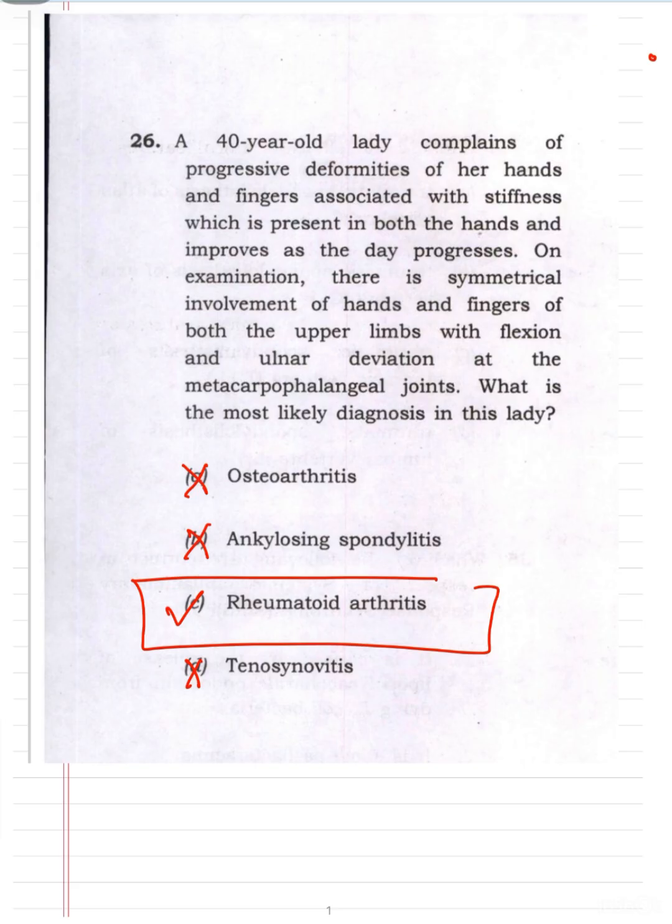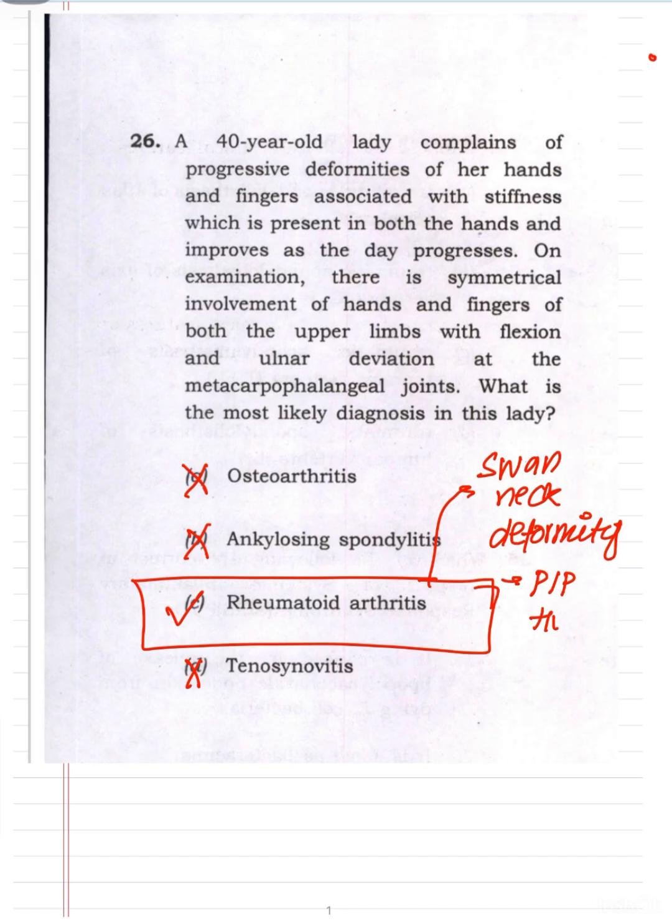Some high yield points about the rheumatoid arthritis are that there is also swan neck deformity, in which proximal interphalangeal joint is in hyperextension, and distal interphalangeal joint is in flexion.